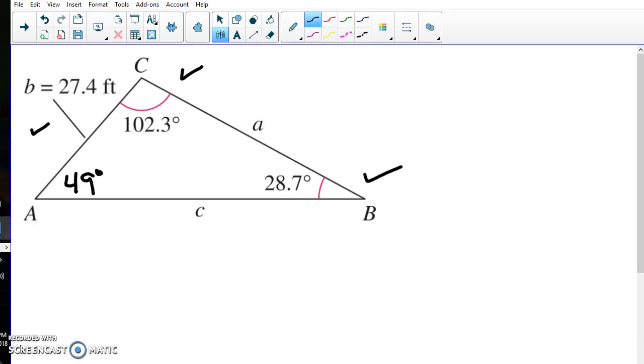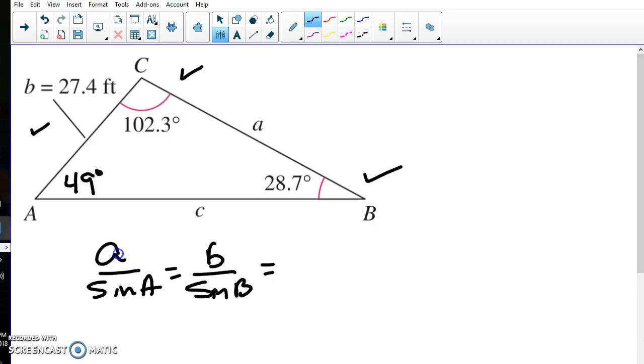We have a over sine A is equal to b over sine B, which is equal to c over sine C. And so we can plug in the ratios that help us to solve this situation using b as 27.4. That is our side length.